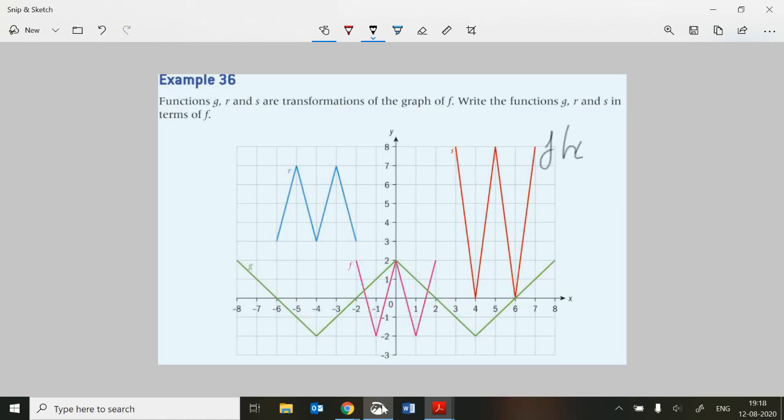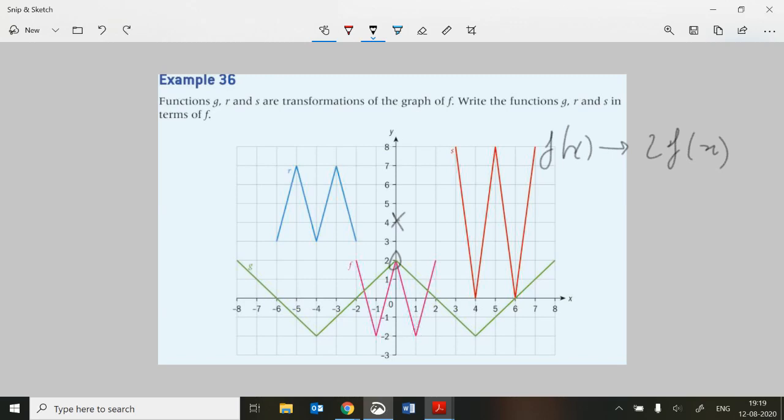So f of x is going to need to become 2 lots of f of x, I think. Okay, because it's got a height of 4 and is now becoming a height of 8. Right, so new height of 8. So let's stretch it to start off with. Now that's going to take this point here to 4, this point here down to minus 4.